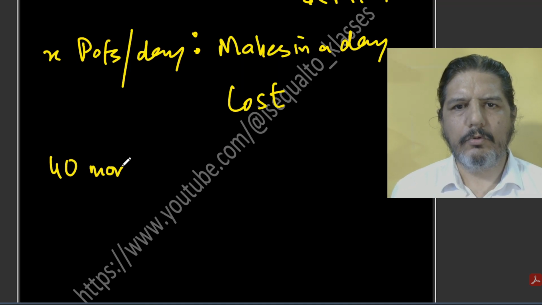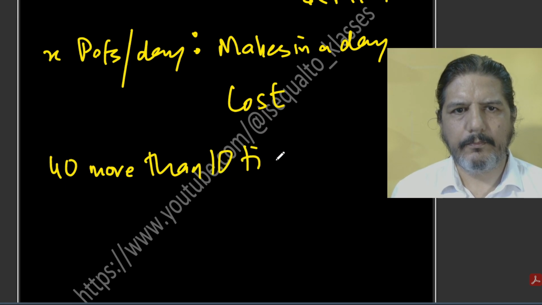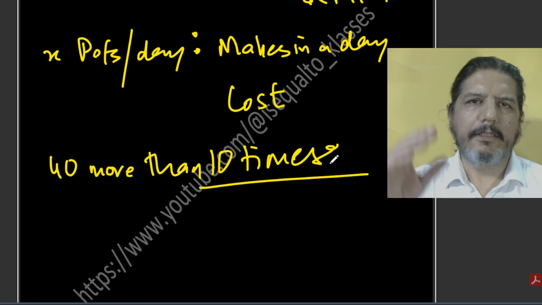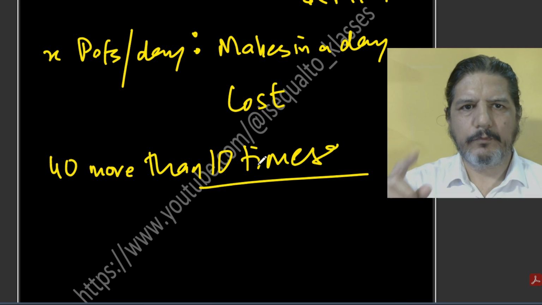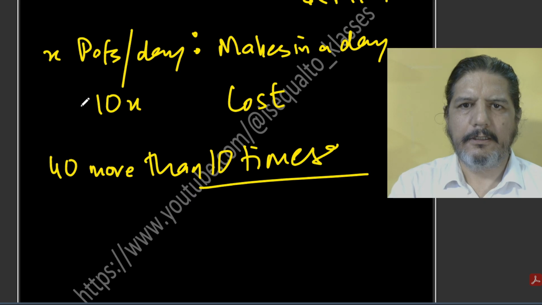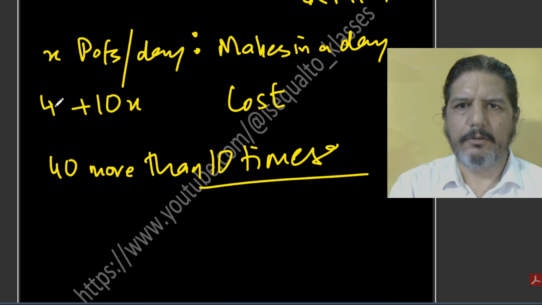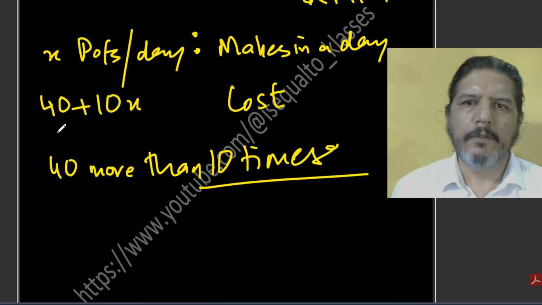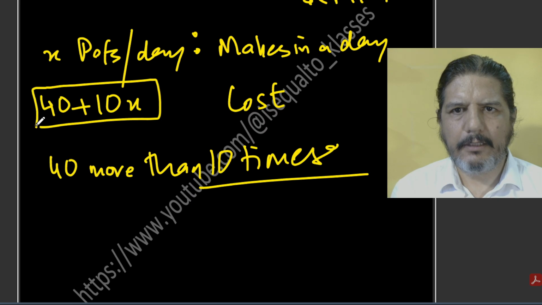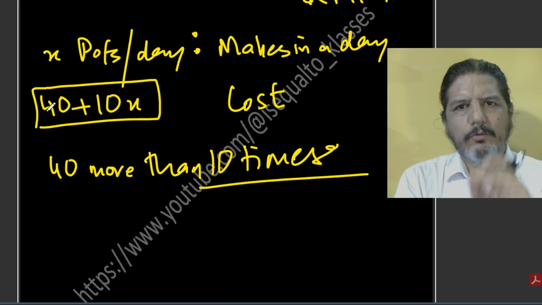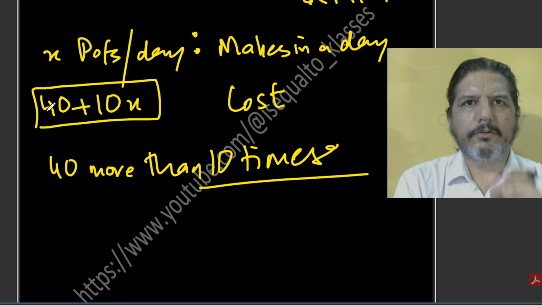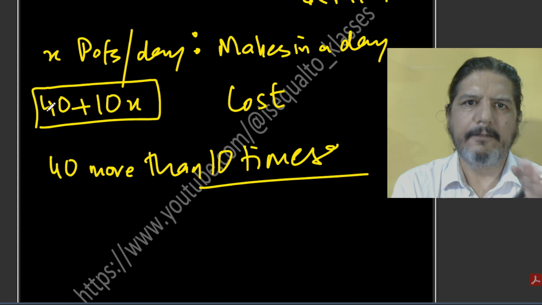See, he makes X pots per day, so 10 times of this would be 10x. And you add 40 more here. So 40 plus 10x implies 40 more than 10 times the number of pots that he makes in a day.